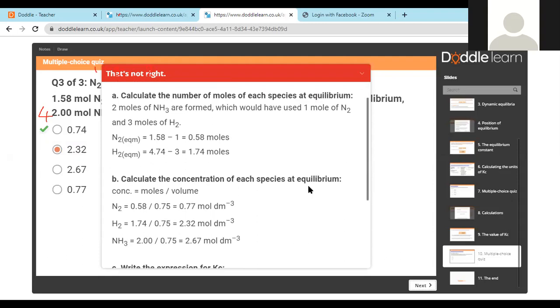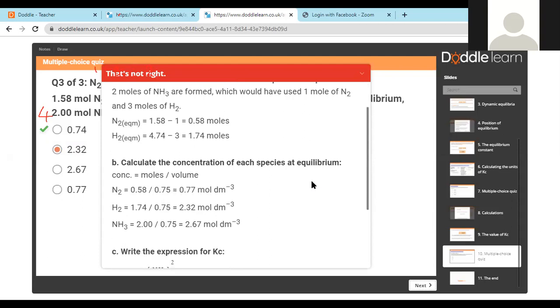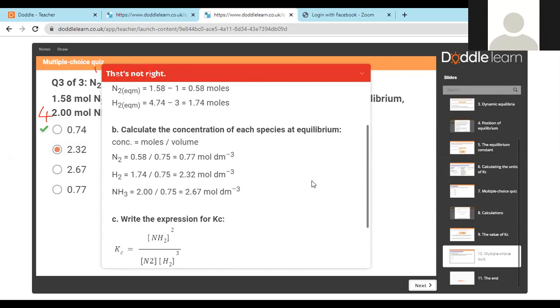So 1.58 minus 1 equals 0.58 moles, and H2, which was 4.74 minus 3, equals 1.74 moles. Then you need to calculate the concentration of each species at equilibrium. So divide all of them by 0.75, which was our volume.